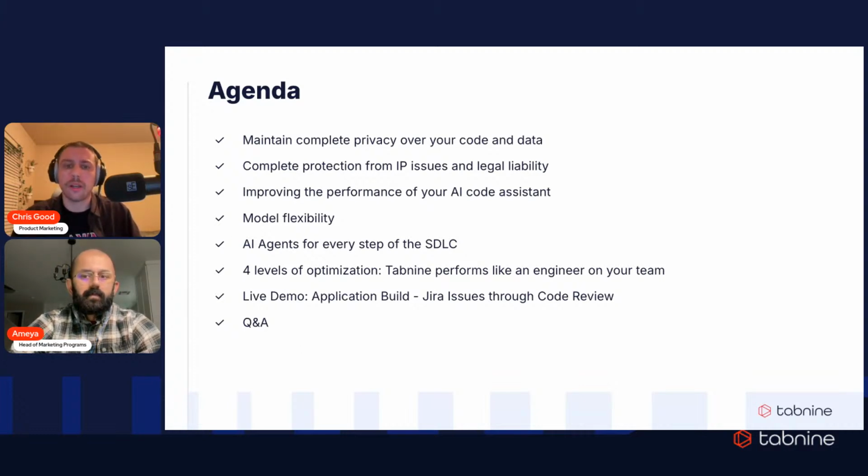We'll go over the AI agents for every step of the SDLC, and we'll also talk about the 4 levels of optimization that allows Tabnine to perform like an engineer on your team. Then we'll work our way through a live demo of an application build, going from Jira issues all the way through code review. And then we'll end on a live Q&A.